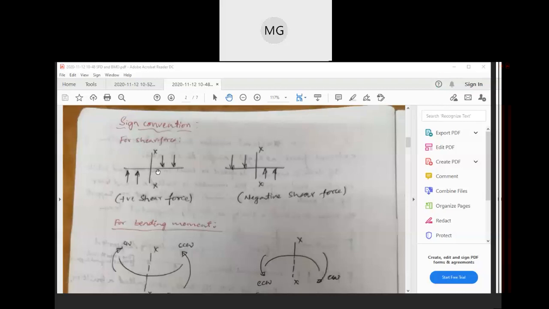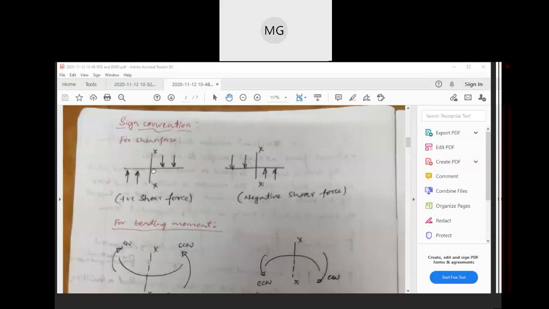Now this is a beam. You can select the cross section anywhere as a reference point. From your reference point, if any force is acting downward to the right of your reference point, then it is called a positive shear force. And if any forces are acting to your left side and are upward, then it is positive.